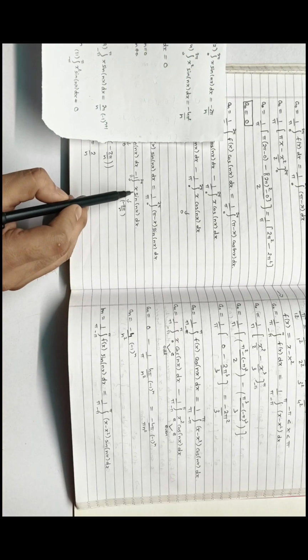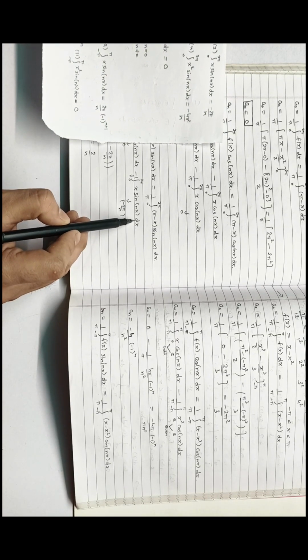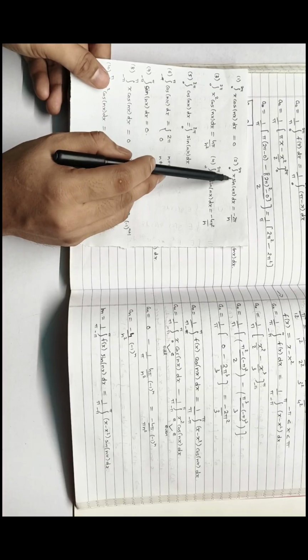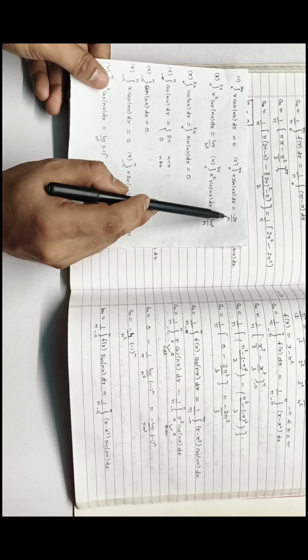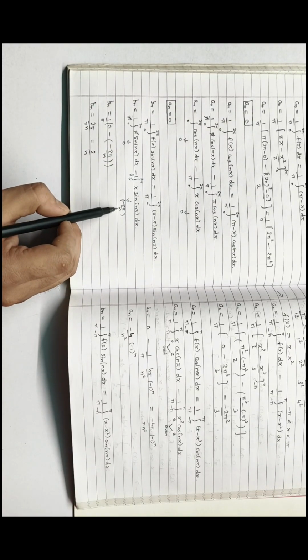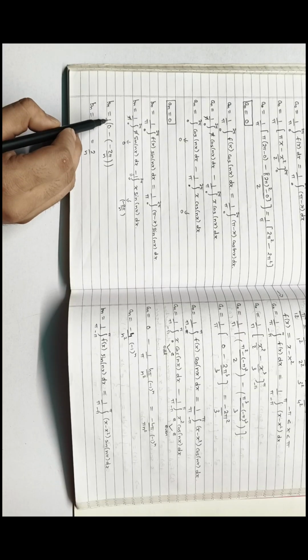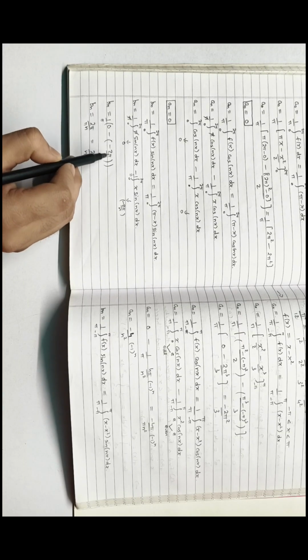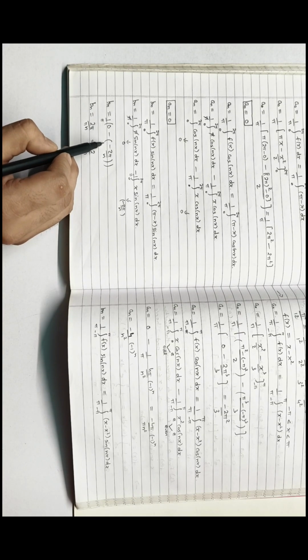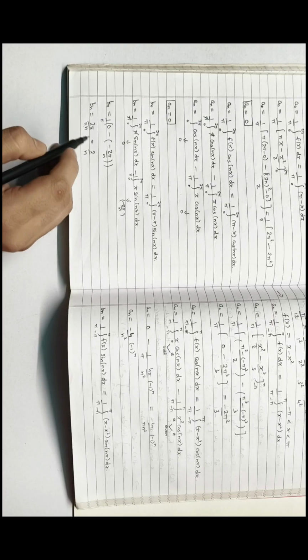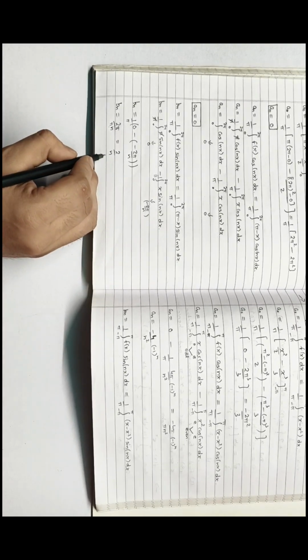The integral 0 to 2 pi of x sin nx dx is minus 2 pi by n. So bn equals 1 upon pi times (0 minus (minus 2 pi by n)). It gives 2 pi upon pi n, which is nothing but 2 by n.